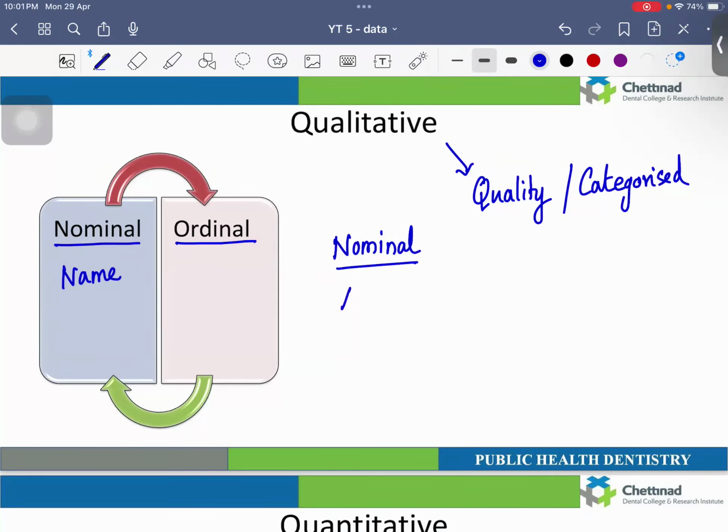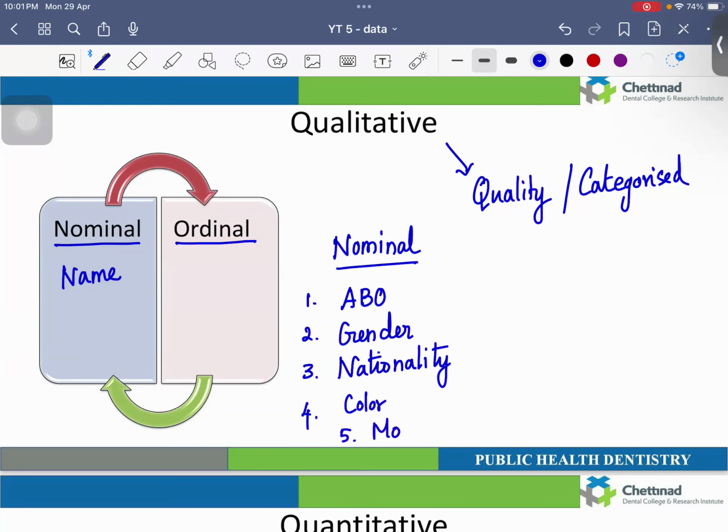For example, ABO blood group system, gender, nationality, color of your shirt, or your mobile model or mobile brand.